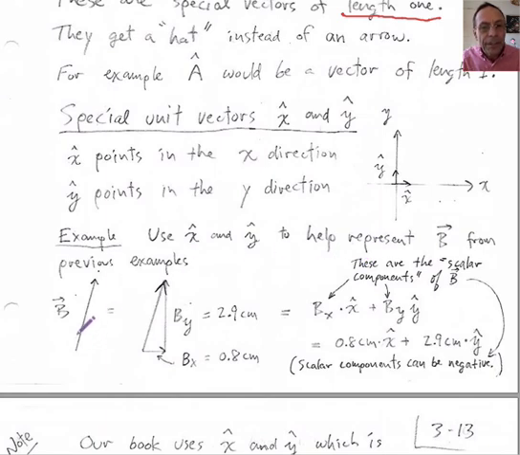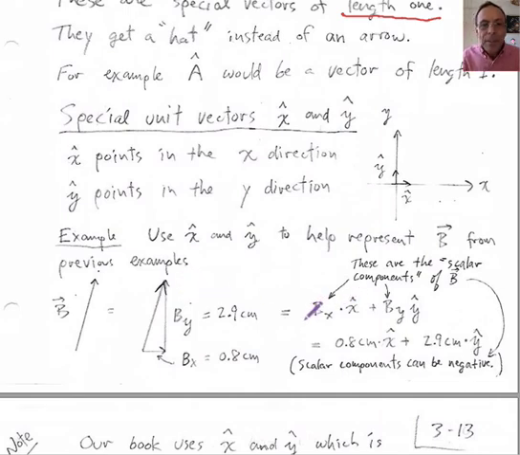Here is our vector b, and first we decompose it into components. Here's b sub x, and here is b sub y. This one has a length of 0.8 centimeters, and this one has a length of 2.9 centimeters.